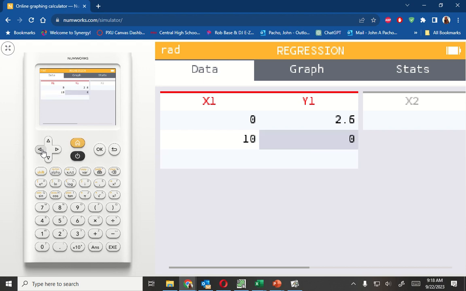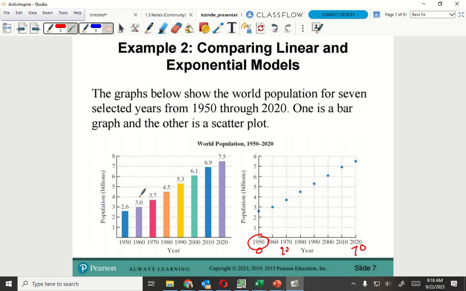And then the Y value there was 3.0, right? So that's for the 1960, which is the 10-year mark. This one right here is the Y values. And let's go all the way through.